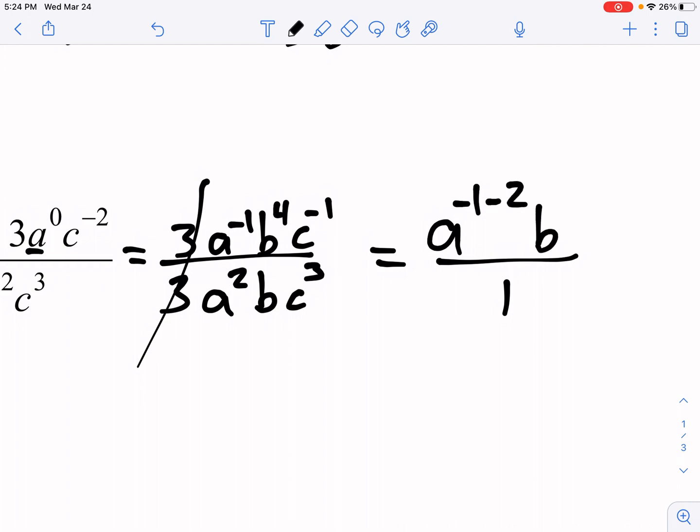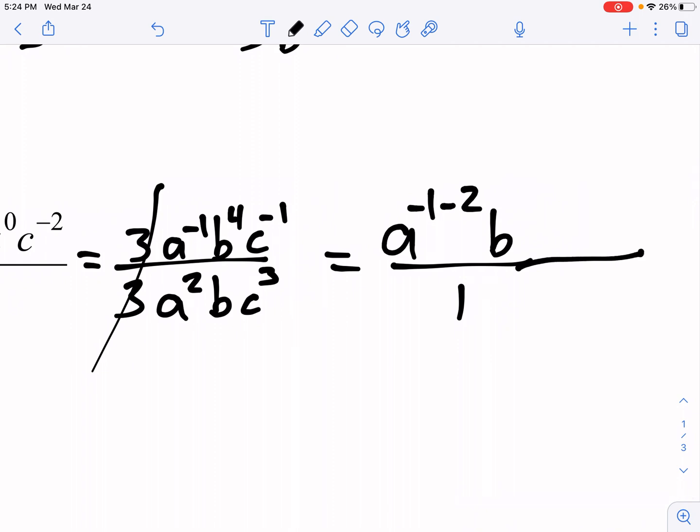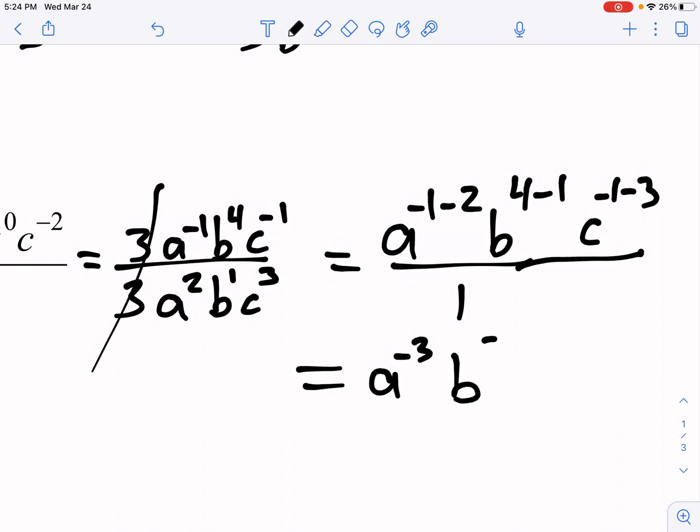Then there's B, because that's being multiplied, B to the 4 minus a 1, even though we don't see it. And then C to the negative 1 minus 3, okay? So then subtracting our exponents here, we have negative 1 minus 2 is a negative 3. We have 4 minus 1 is 3. And then we have negative 1 minus 3 is a negative 4, okay?